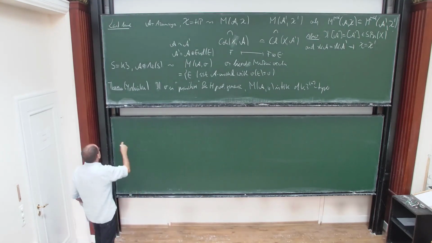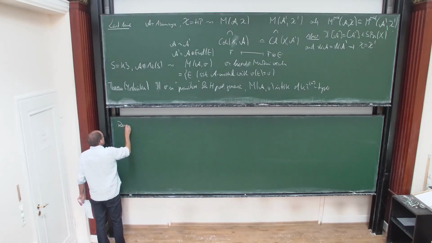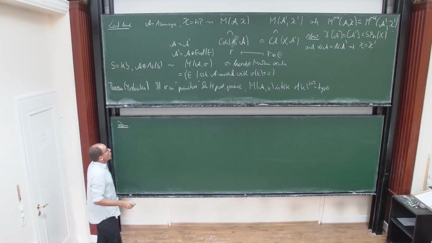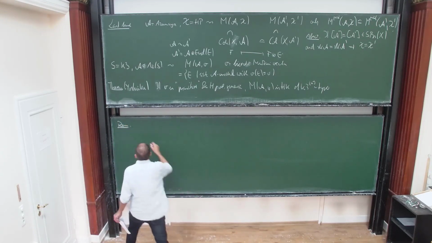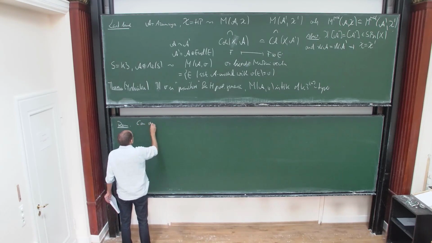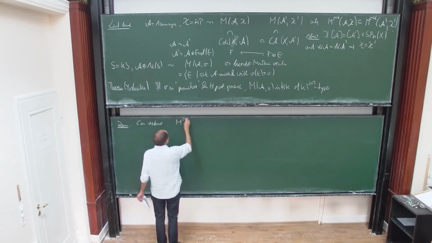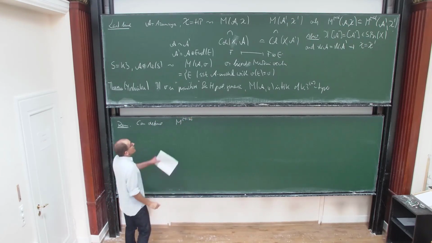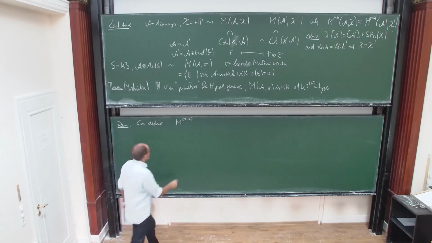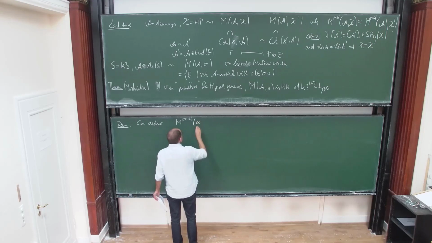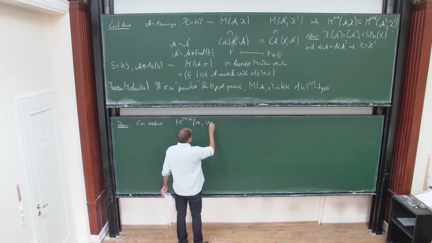So by the general theory, we know we can define a moduli space of mu stable A modules that's then independent of the Azumaya algebra.